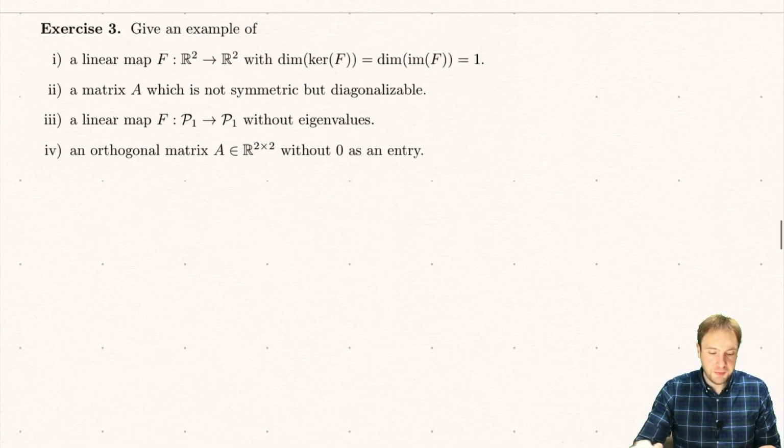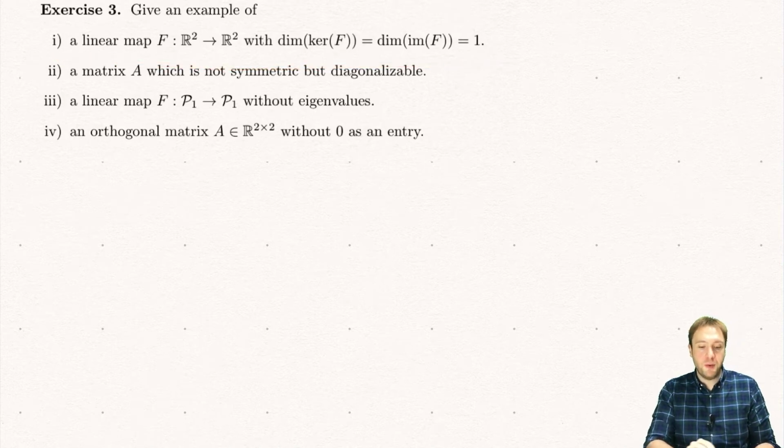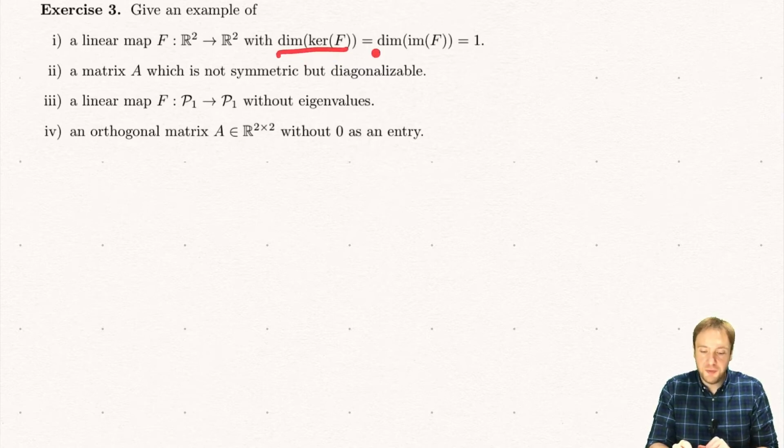And now exercise 3, where you should give some examples of certain things. First, give an example of a linear map from R2 to R2, where the dimension of the kernel of F equals the dimension of the image of F equals 1. First we notice that this actually exists, because we just discussed that the sum of the dimensions of the image and kernel needs to be the dimension of the whole space. So in this case 1 plus 1 equals 2.